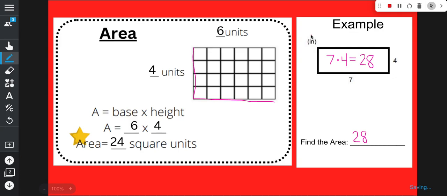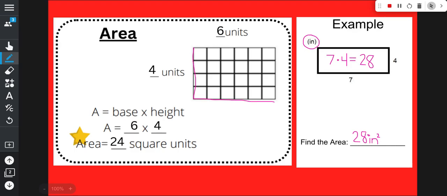And now we look, and they said that this was a measurement in inches. So since it's area, it's going to be inches squared. There's many ways you can write out the inches squared. The fastest one is inches with the little exponent 2 behind it.